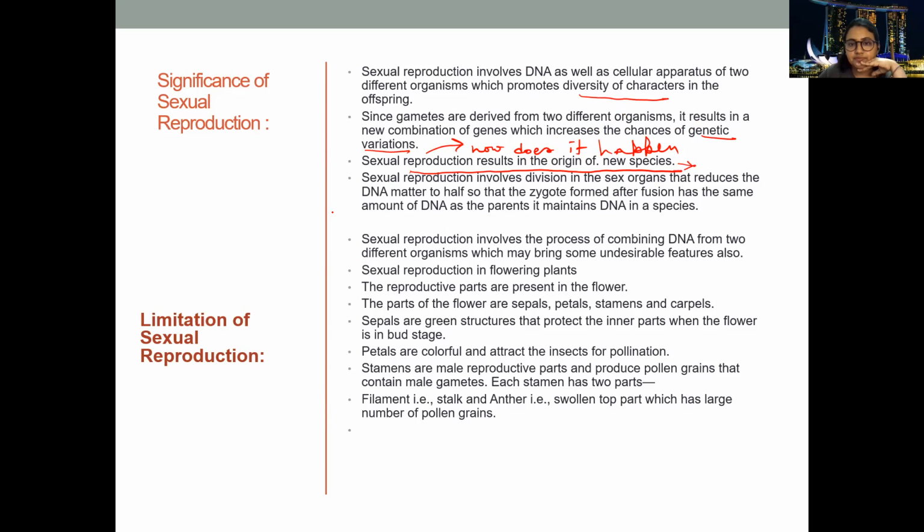So basically the origin of sexual reproduction can be traced to early prokaryotes. Prokaryotes cannot do sexual reproduction.